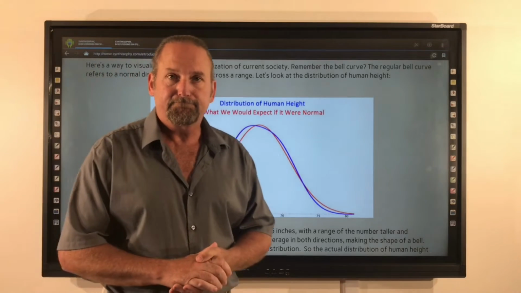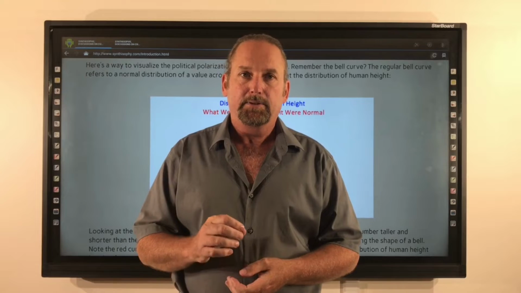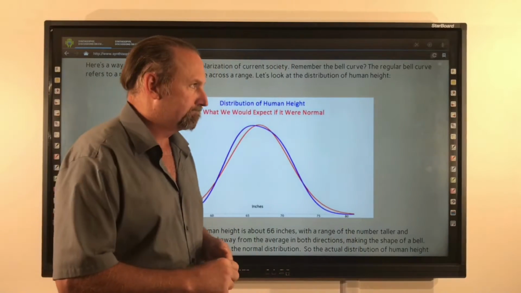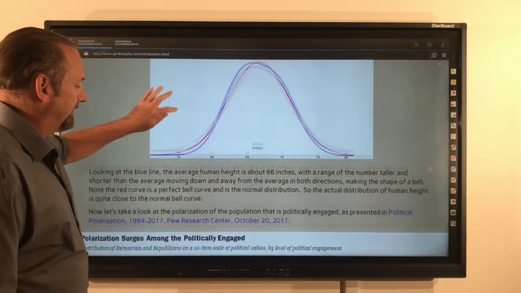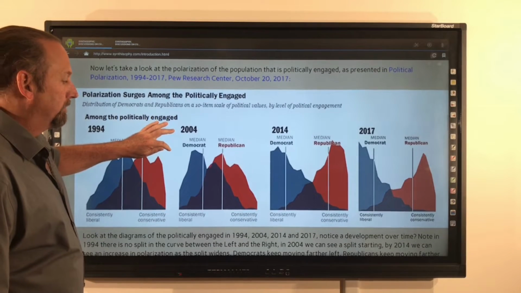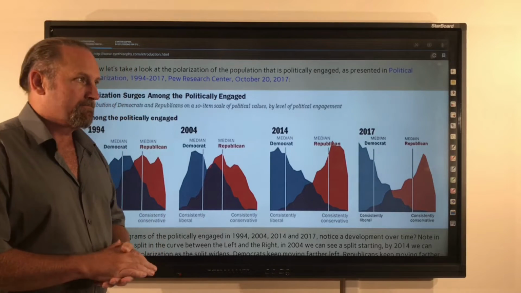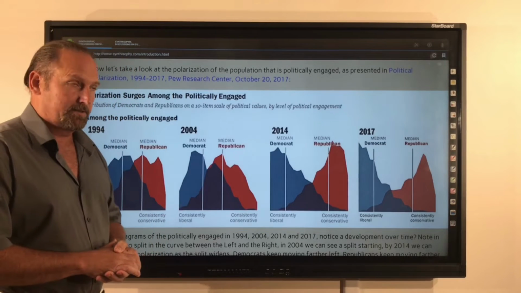Now, let's take a look at the polarization of the U.S. population that is politically engaged, as presented in the article titled Political Polarization, 1994 to 2017, from the Pew Research Center.